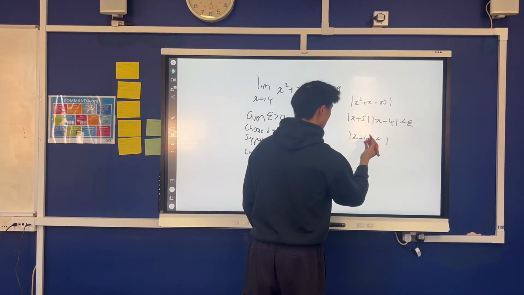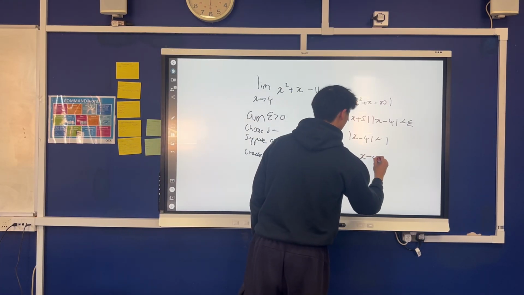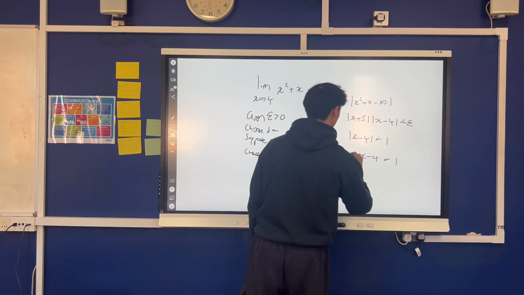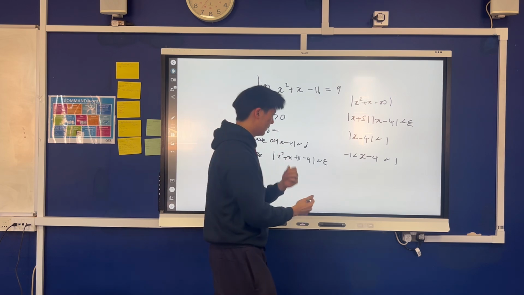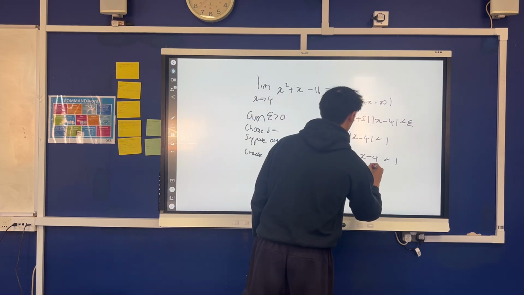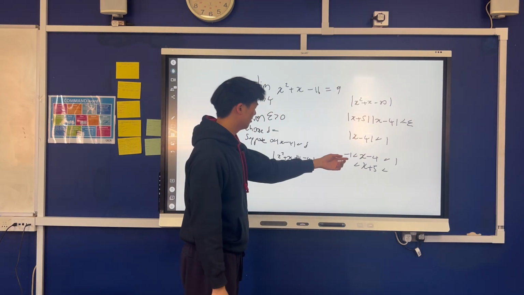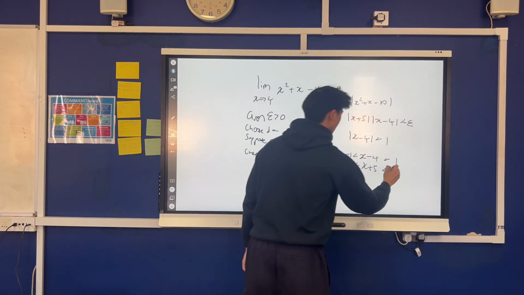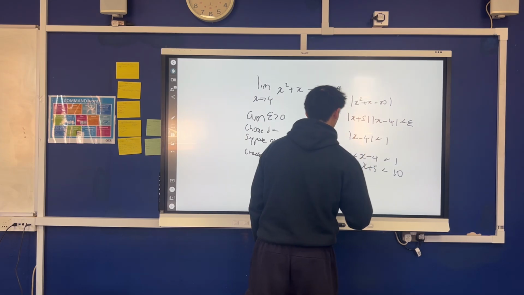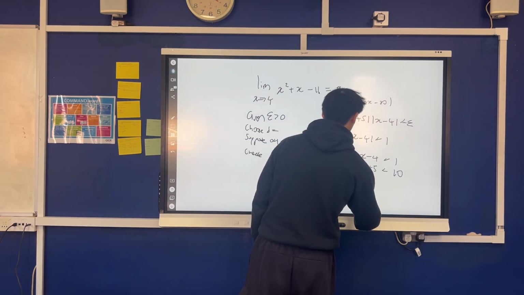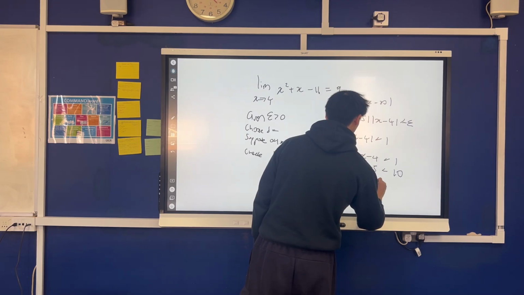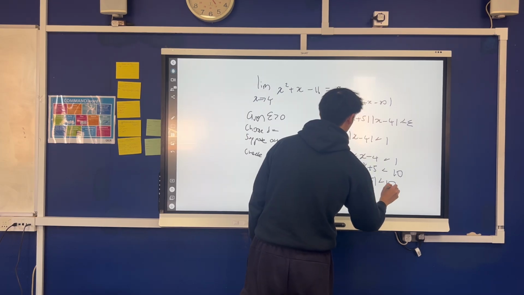And what this means is that, taking out the modulus, we can convert this into x plus 5 by adding 9, so we've got 10 and 8. And now we have that the modulus of x plus 5 will be less than 10.